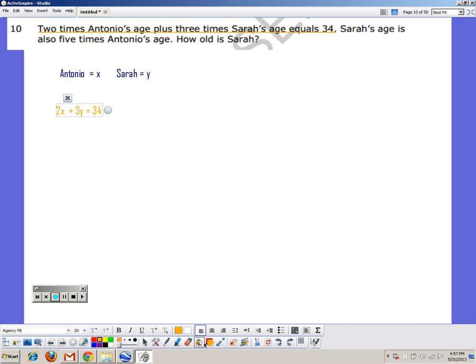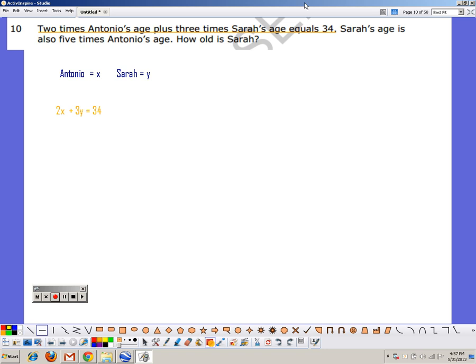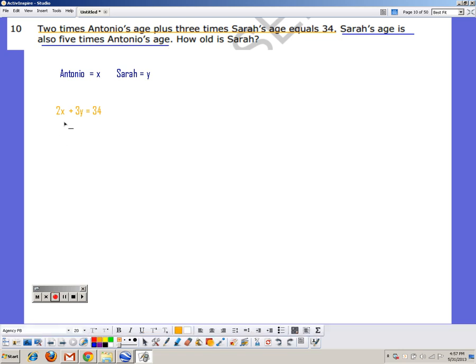They also tell us in the second sentence that Sarah's age is also 5 times Antonio's age. So that tells us Sarah, which is y, is equal to 5 times x. So again, this is a systems problem, but since they told us what y is, the easiest way to do this is wherever we see y in our first equation, we plug in 5x.